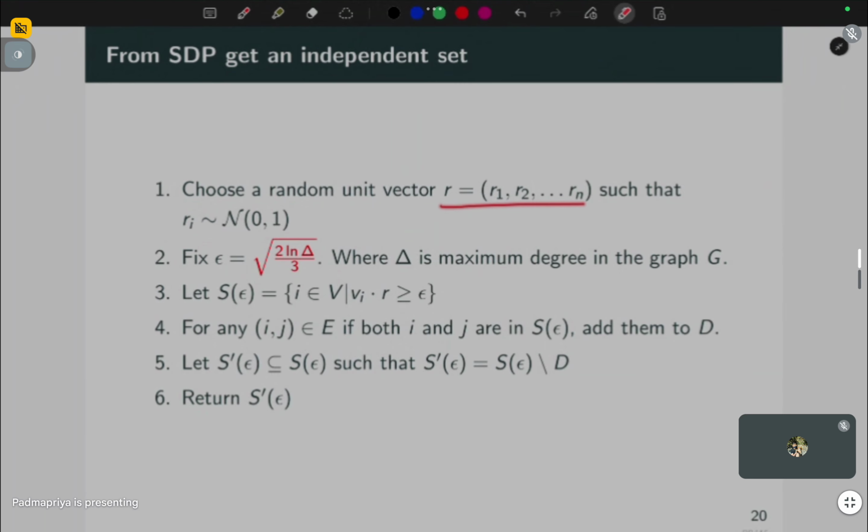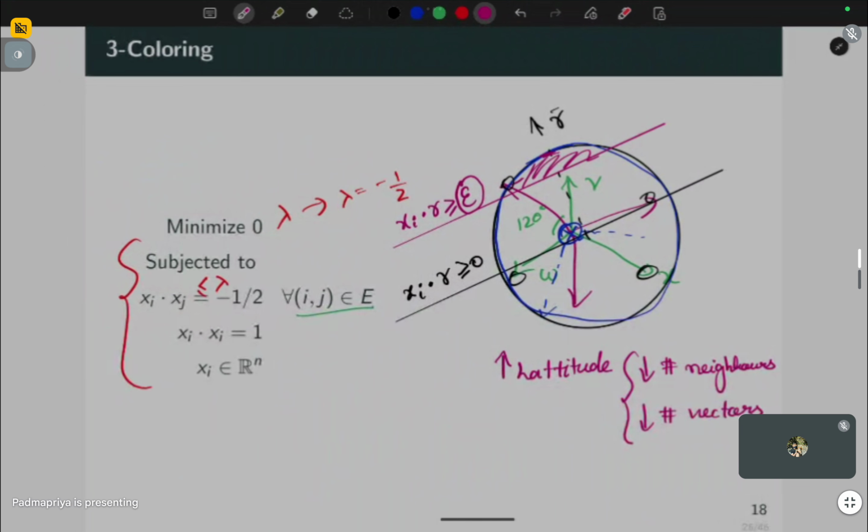So we pick a random unit vector, and then we fix the value of epsilon. This epsilon is the latitude I was talking about. In this diagram, epsilon defines where we are cutting. We don't want to cut at 0, for the reasons I mentioned before.